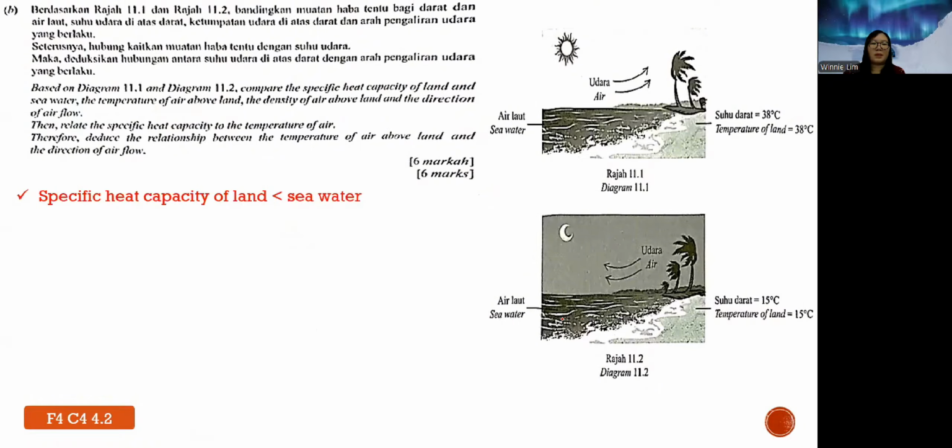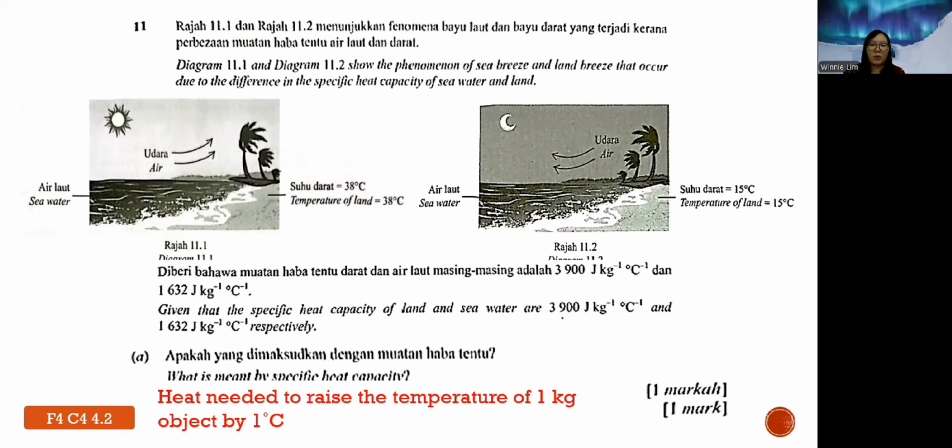So the specific heat capacity of land is actually lower. I think there is a slight mistake because they are reversed. Seawater is the one with the higher specific heat capacity. So for your information, there is an errata.